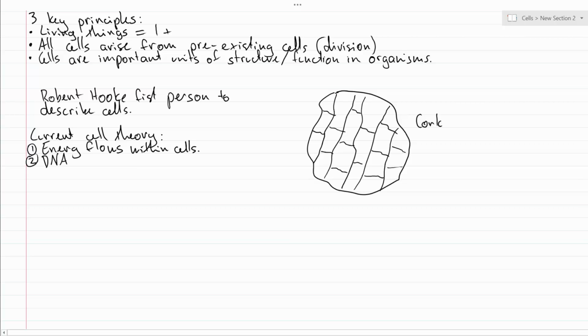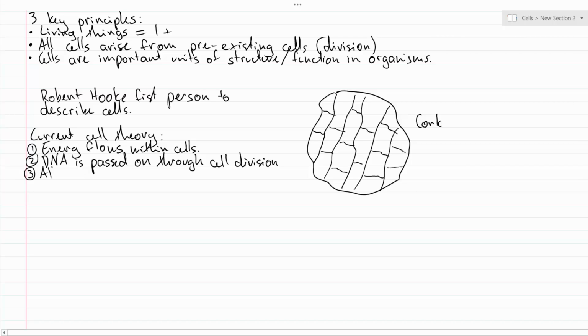Also, not only do cells arise from pre-existing cells, but DNA is passed on through cell division. When cells divide, we now know that they also pass on their particular unique DNA with them.